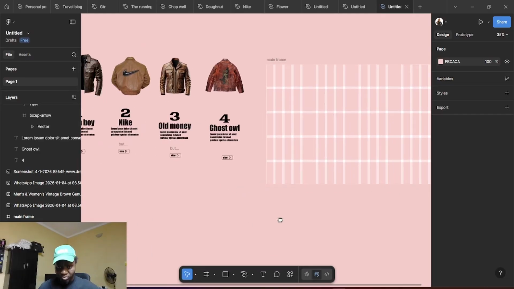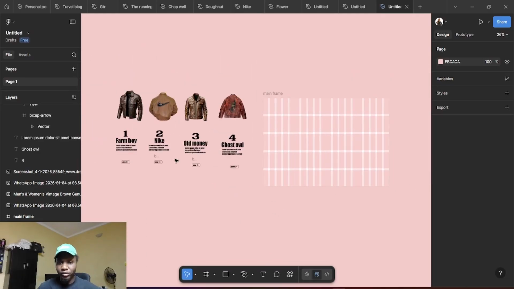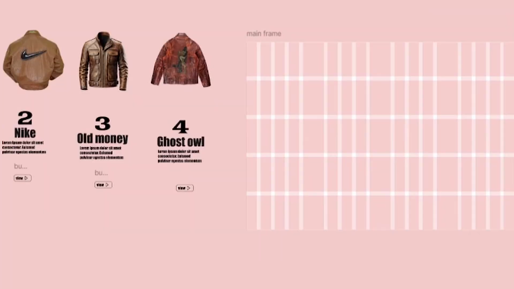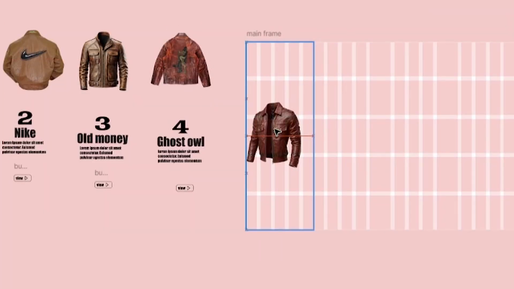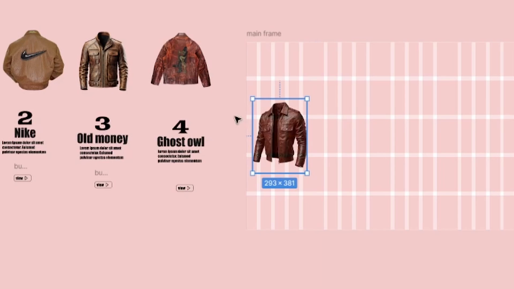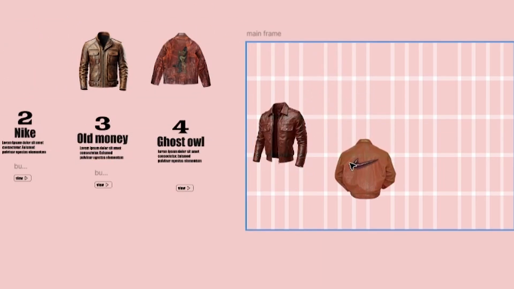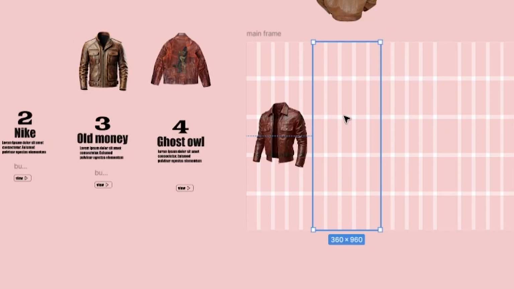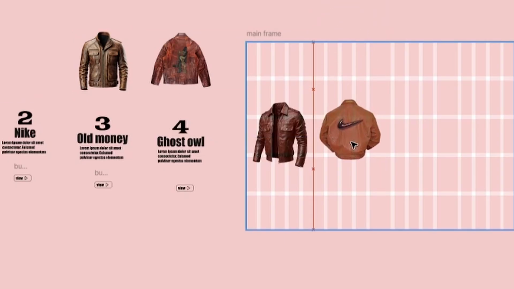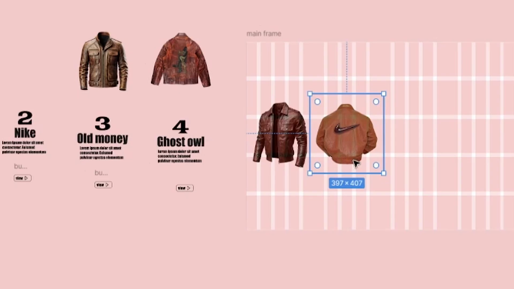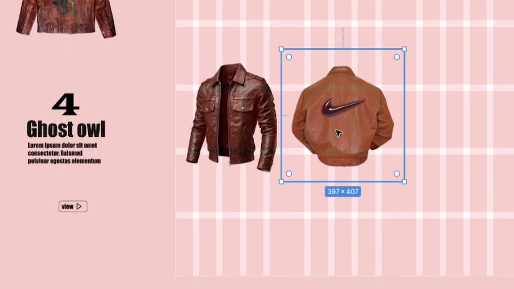Let's dive in. We'll select your first object, bring it to the first one, place it in the center. Select the second frame, bring your object, place it in the center, make sure you place it in the second frame.